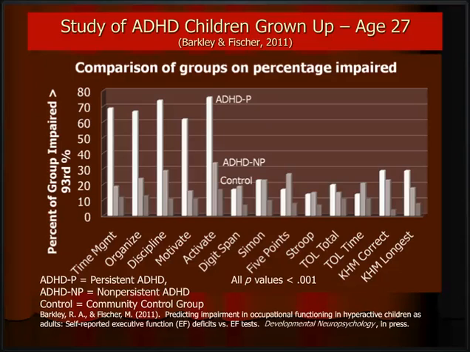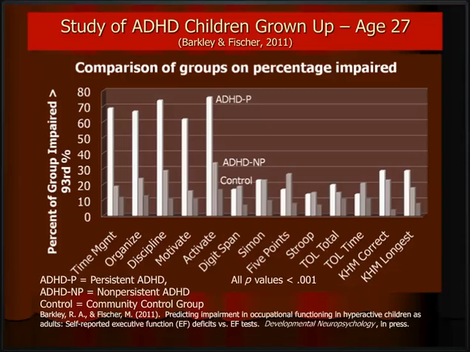This is the Milwaukee longitudinal study I mentioned earlier that has followed ADHD children up into young adulthood. And we have classified those children as either having persistent ADHD that you see here by ADHD-IV, non-persistent ADHD, which means that they did not qualify for the full diagnosis at age 27 in this study, but many of them did continue to have some symptoms of the disorder.